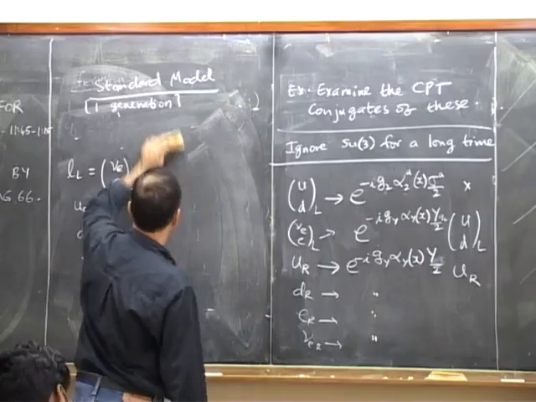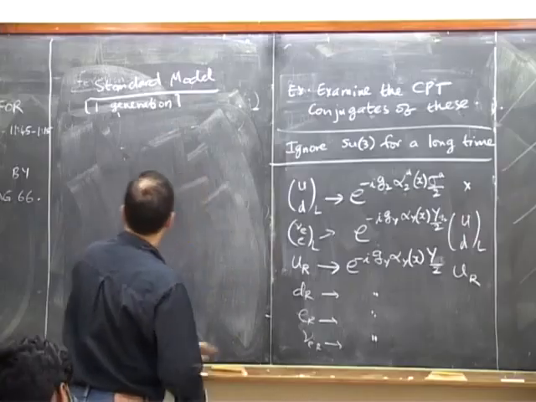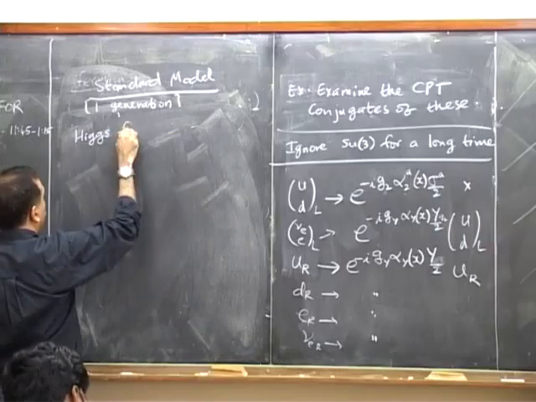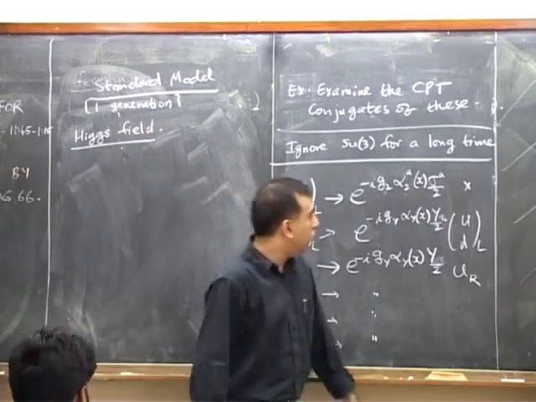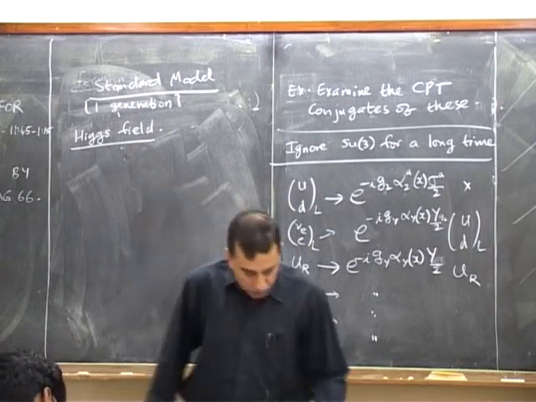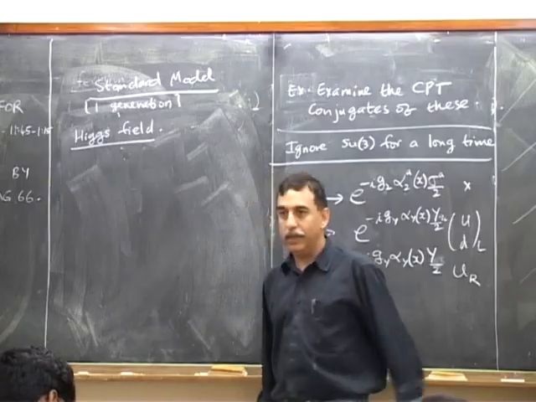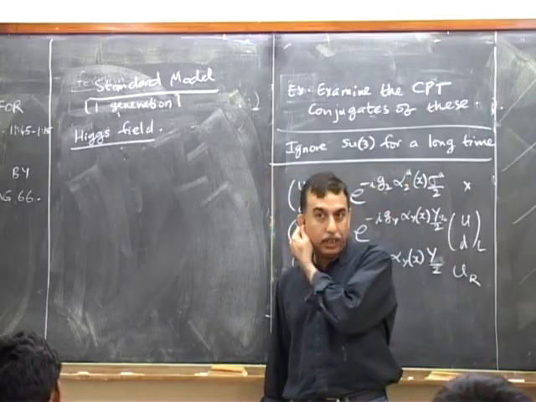So now it's time to introduce the last field of the standard model, which is the Higgs field. With the Higgs field, which of course hasn't yet been found, we would have many choices because we could choose the representation arbitrarily.